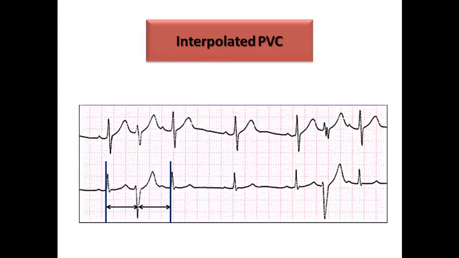No, they are midway between two sinus beats, and these are called interpolated PVC. So if you see this, don't be astonished or say that it is not a PVC, because it is not coming nearer to the preceding sinus beat and further from the following sinus beat. No, it is still a PVC, but a special type of PVC called interpolated PVC.